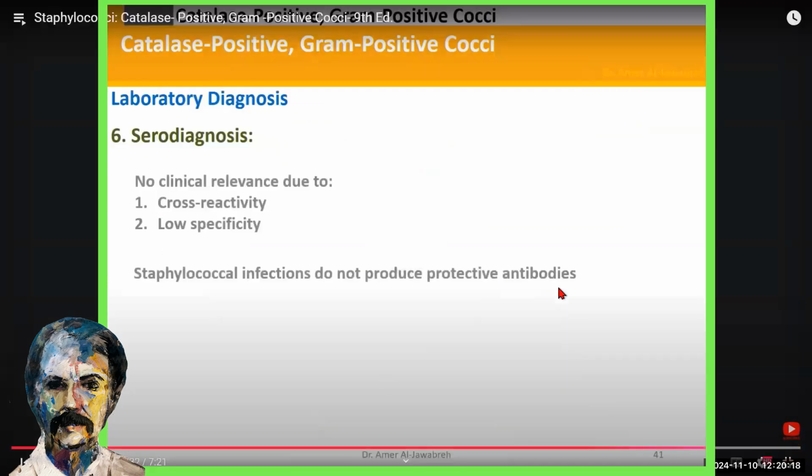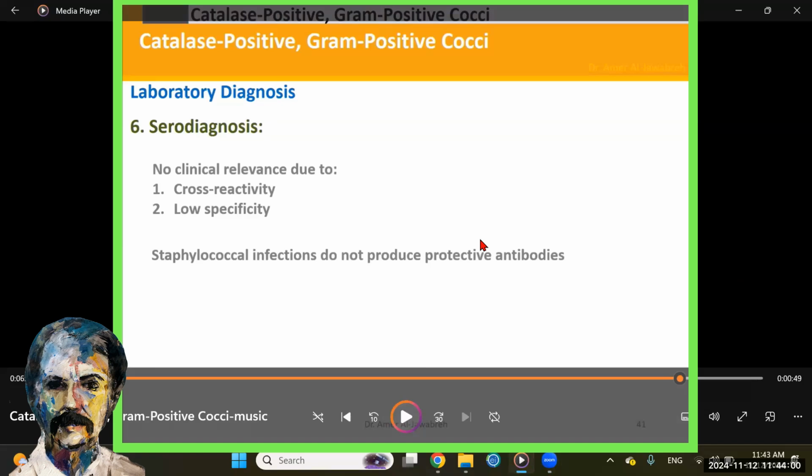Okay, serodiagnosis. Serodiagnosis is of no value for staph for 2 reasons. One, it's because of cross-reactivity, which means that there are other bacteria that have similar antigenic determinants.